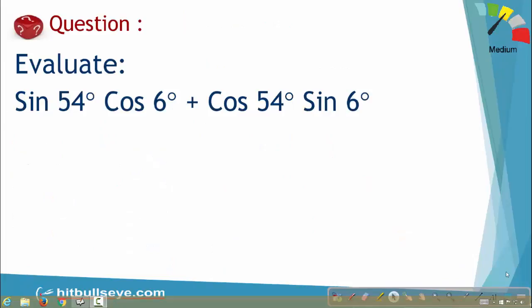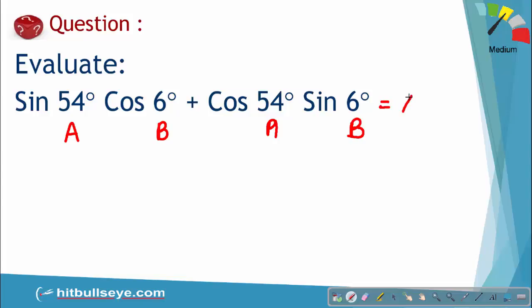Now coming to this question, that is a formula based question only. It says evaluate sin 54° cos 6° plus cos 54° sin 6°. If we take 54 as A and 6 as B, it becomes sin A cos B plus cos A sin B. We know that sin A cos B plus cos A sin B is nothing but sin(A+B).